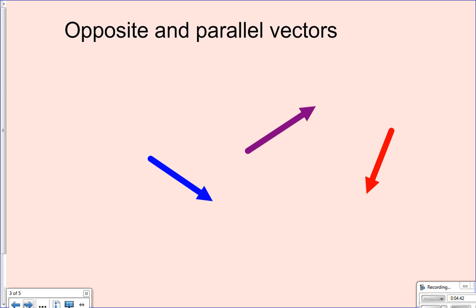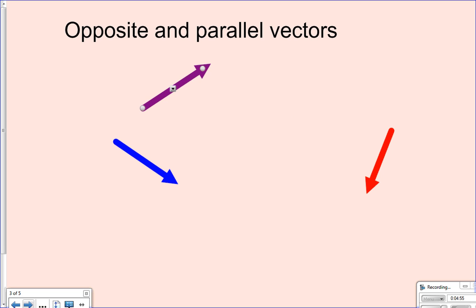Now, opposite and parallel vectors. Parallel is probably the easier idea. So let's see, we've got this guy here. Are there any parallel vectors here? No, not really. I'm going to make this guy parallel though by, well, making it parallel. Notice that it doesn't matter what the magnitude is as long as they're in the same direction. That's parallel. How about opposite?